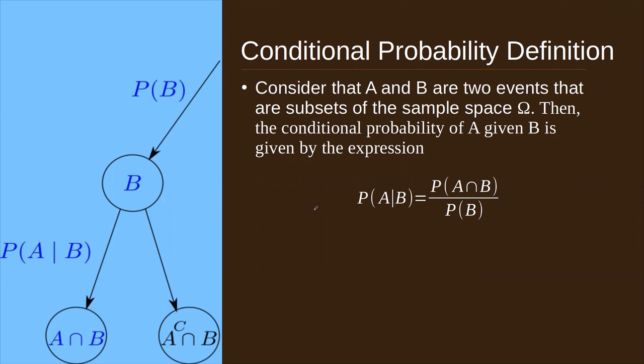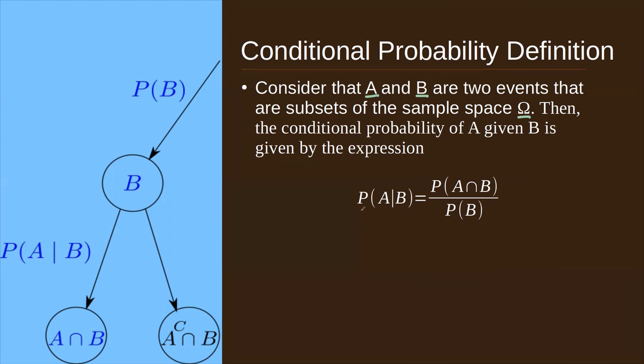In this slide, we have the mathematical definition of the conditional probability. As you can see, just as before, we have two events A and B that are subsets of the same sample space omega. And given this basic setup, the conditional probability of A, given that B is true, is this expression down here.